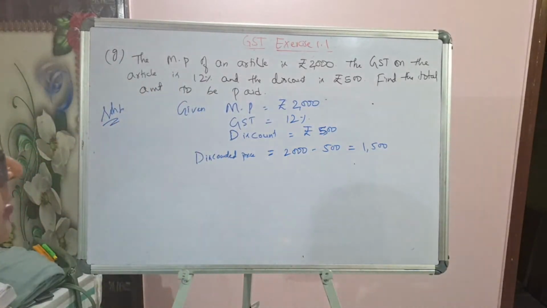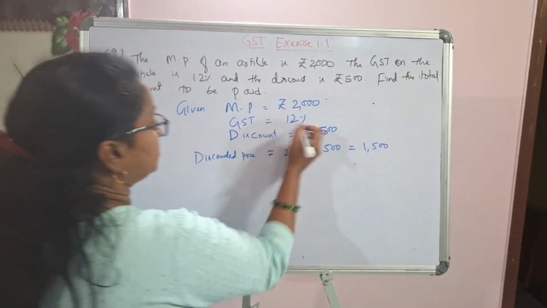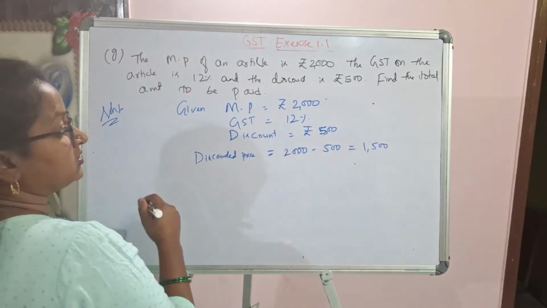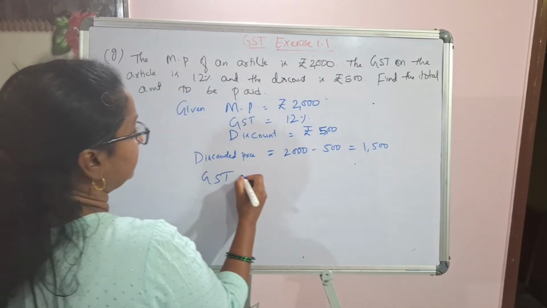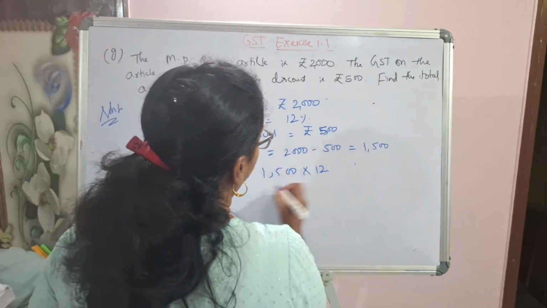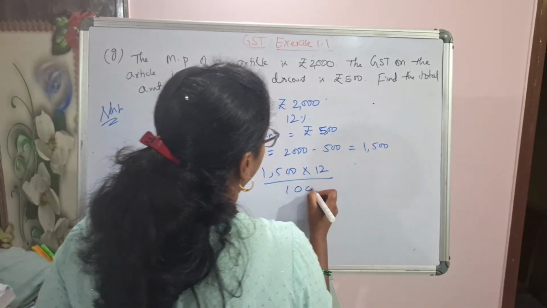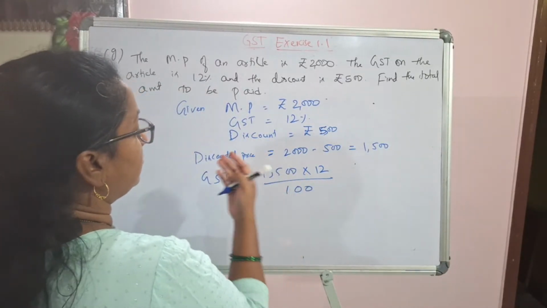In the next step, we have to calculate the GST amount for this discounted price. That is GST is equal to 1500 into 12 divided by 100, that is 12% of the discounted price.